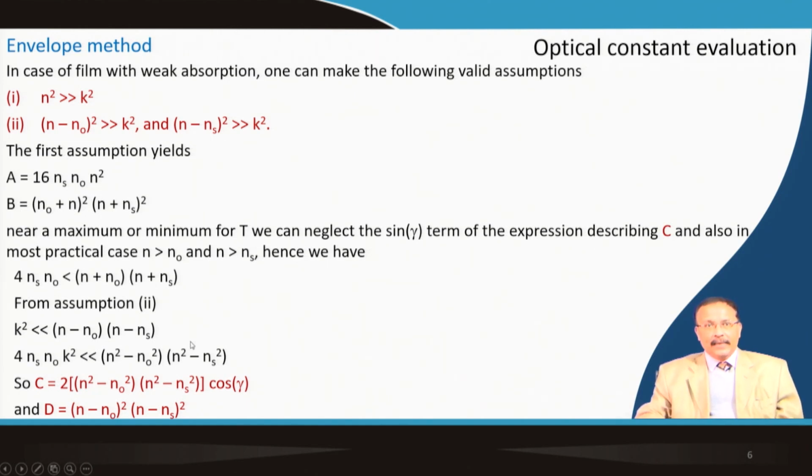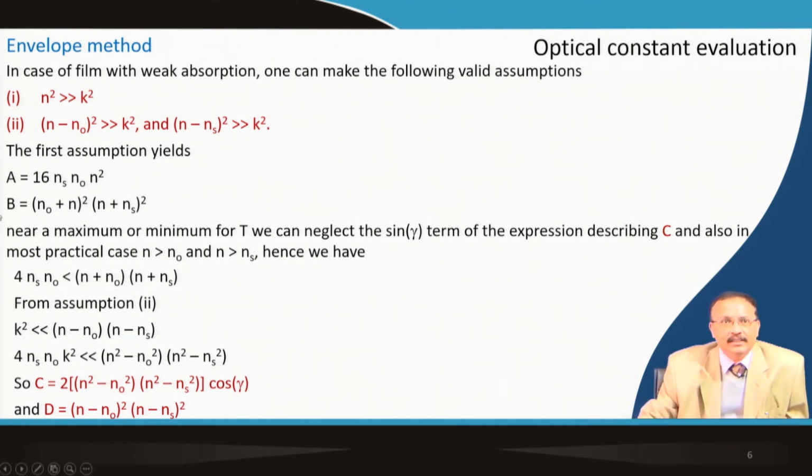So, near a maxima or minima, the gamma term we can neglect, and also in most practical cases, the refractive index is larger than the air refractive index, which is 1, and it is also larger than that of the substrate in question, the sapphire we have used.